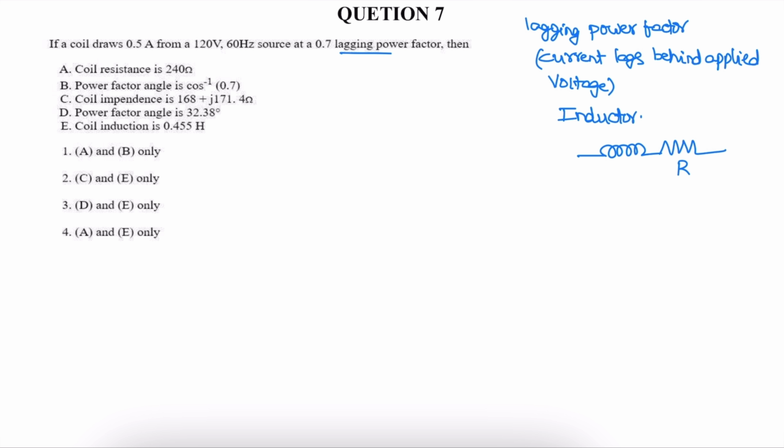So R is the resistance, XL is the inductive reactance of the coil. Now total impedance Z is equal to R plus j XL ohms. The element is inductor or simply coil.